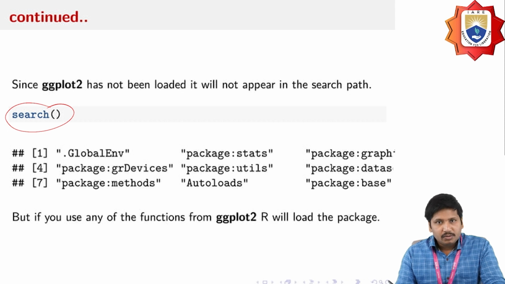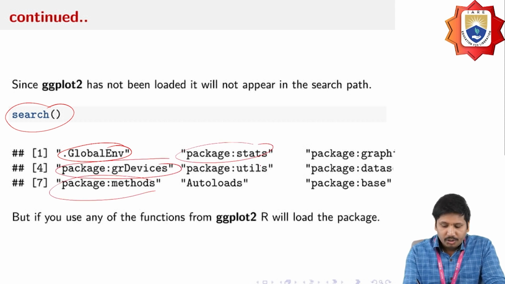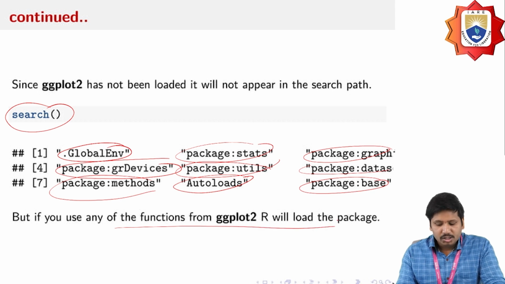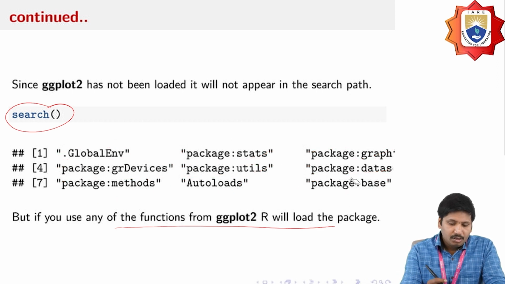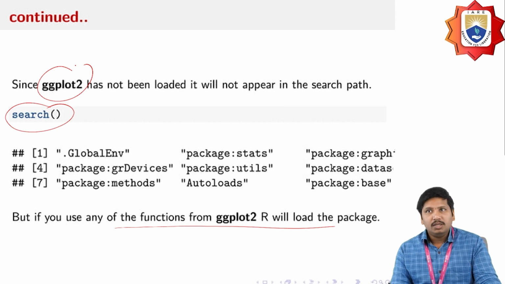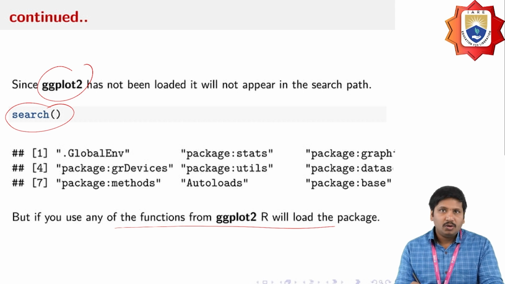By making use of search, I can know which packages are available, and I can read them out: some of them like stats, utils, autoload, package graphics, package datasets, package base, and so on. Suppose ggplot2 is unable to load; based on the search function I can know which one has been loaded.